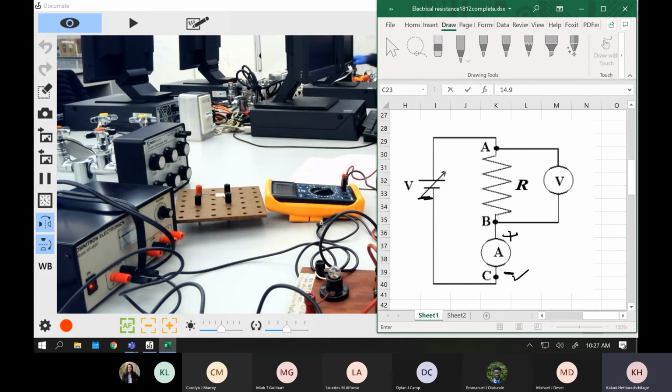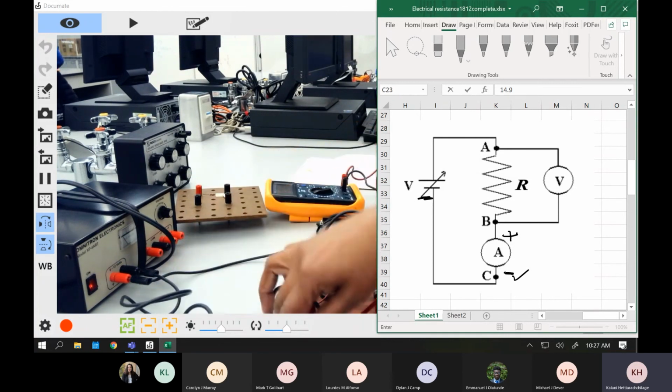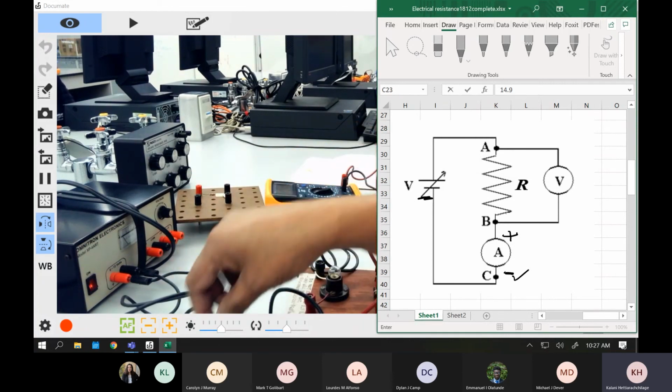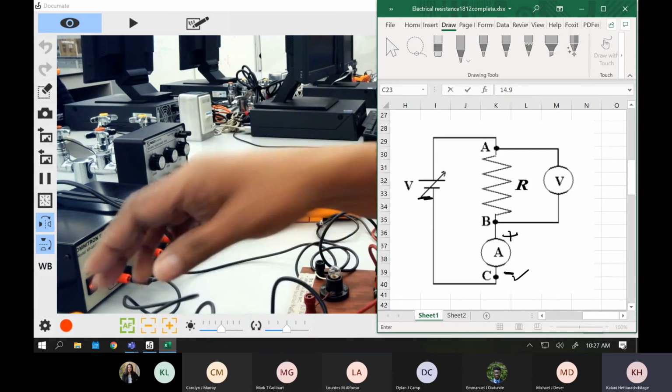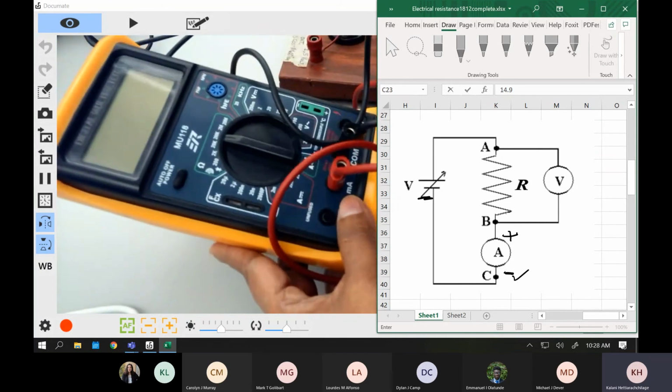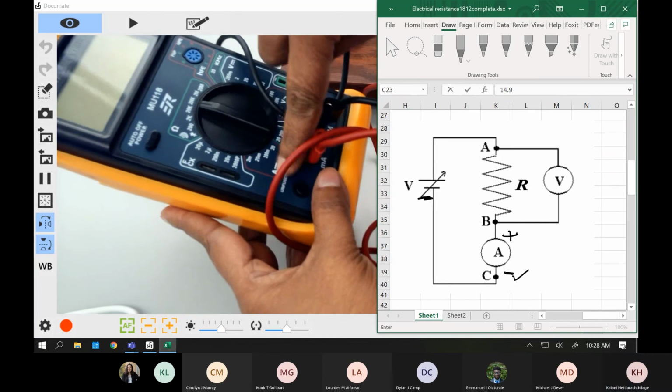Right. So now we need to set up our ammeter because we didn't change it to whichever setting we need. We usually use the DC current, right? The DC symbol is like a horizontal bar on your ammeter. So you take it to your side, and you see the amps on the bottom here, right?